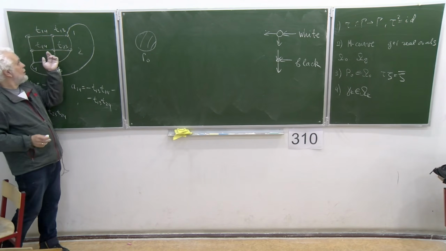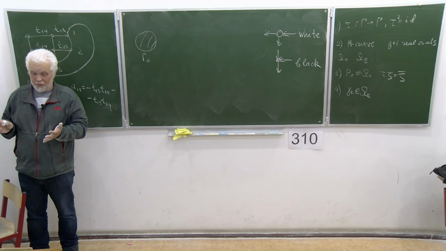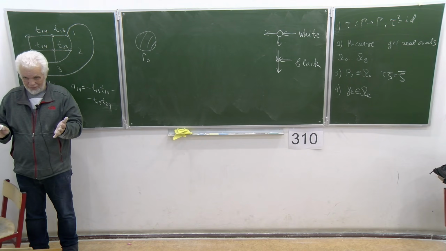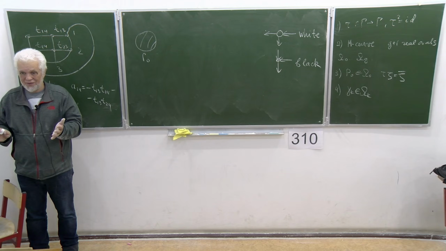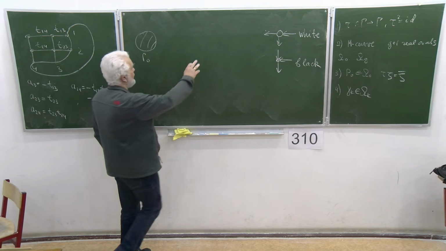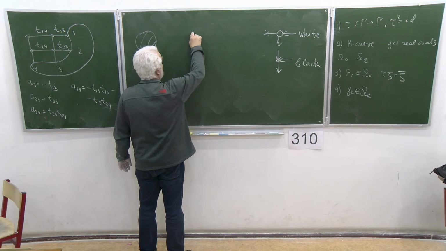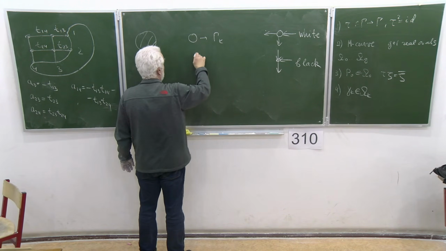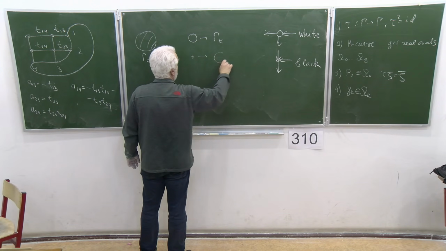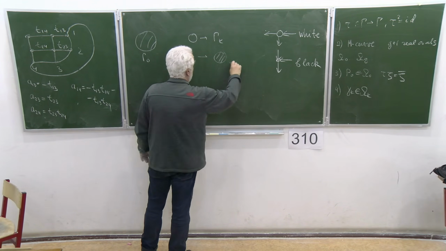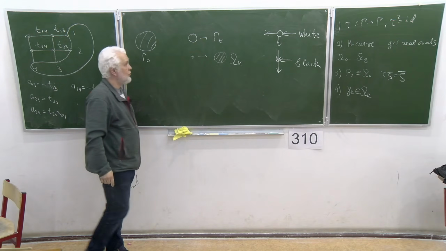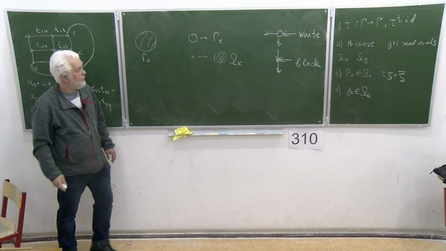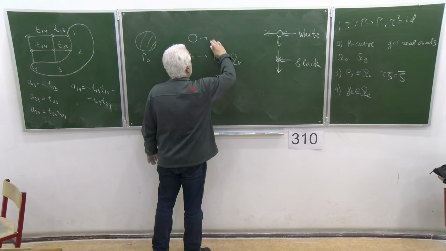Then we replace any vertex of the graph by CP1. If white, we call it gamma k, CP1, and this curve will be omega k. It's all CP1.